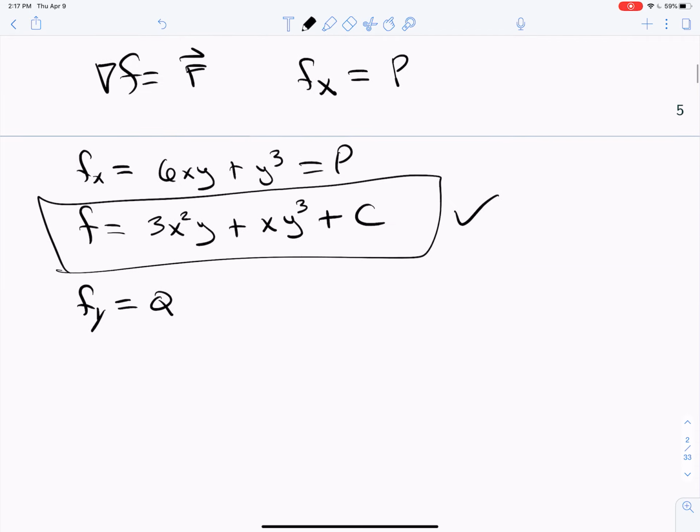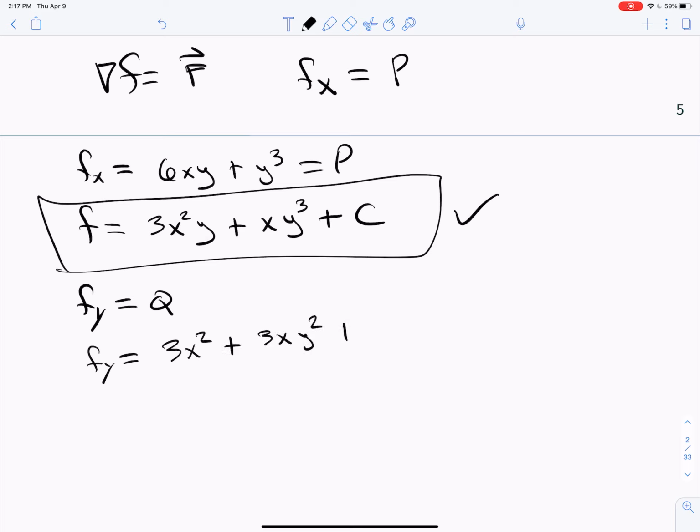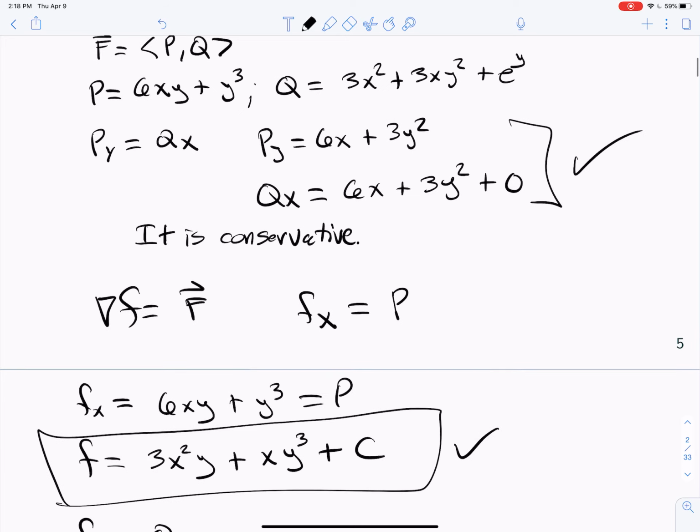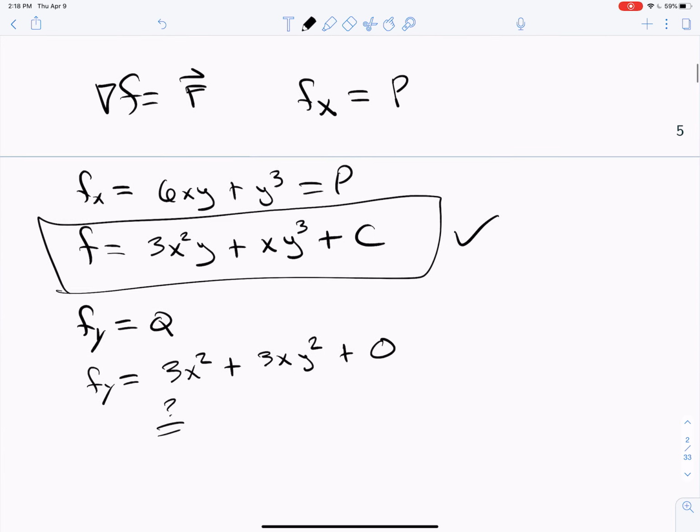So what is f_y? For this conjectured f, f_y is 3x squared plus 3xy squared plus 0, and that is supposed to equal Q, which is 3x squared plus 3xy squared plus e to the y.